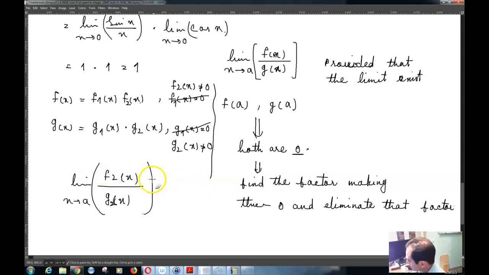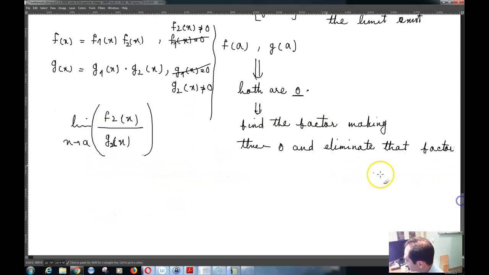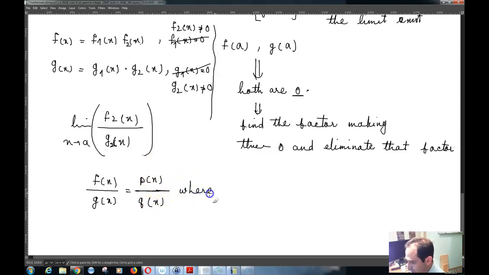So then we can rewrite this as they have written over here. They have written f of x by g of x. Once you cancel out those factors that are making them 0, you can write this as p of x over q of x, where q of x is not equal to 0.